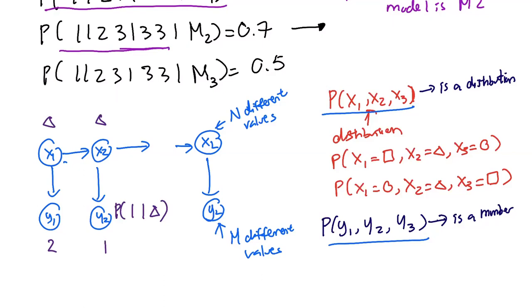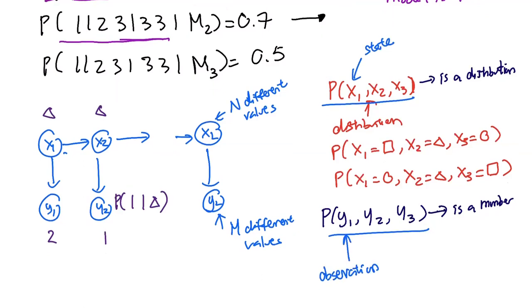So the only way that these two things could possibly be different has to do with inherently what x and y are. So x here is my state, y here is my observation. If I use a different set of variables to define my hidden Markov model, this will make no sense. But it makes sense because I always use x to define my state, and I always use y to define my measurement.